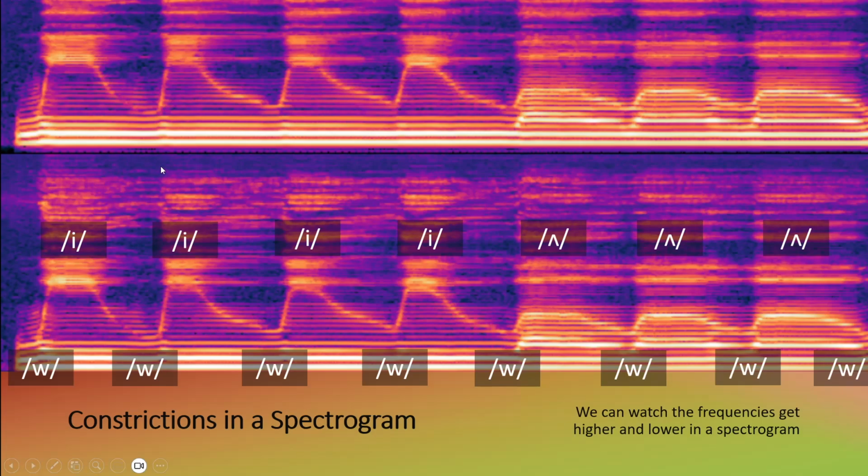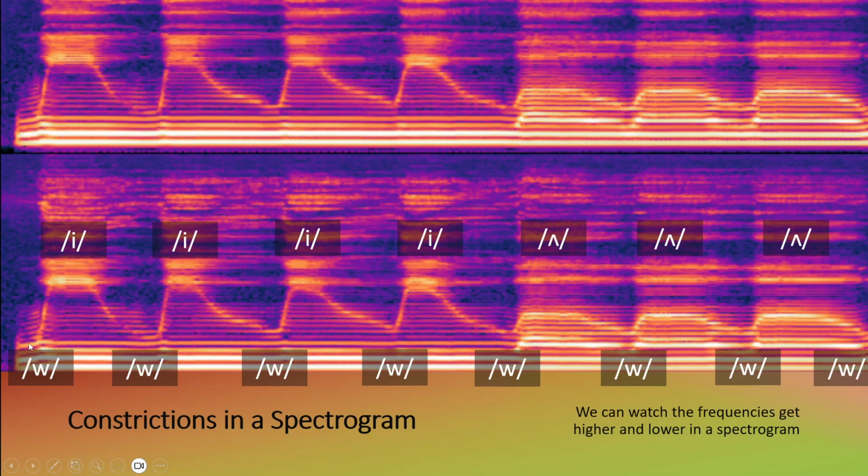Well, we can look at that in a spectrogram. And this is what it looks like. Here's the W, here's the E, here's the W, here's the E, here's the W, here's the E. And I can do it with another vowel too. So I can go W, like that. What you can see is the frequency drops at the W because there's a constriction here.